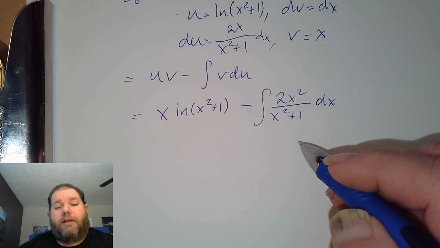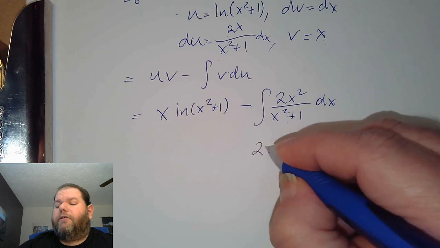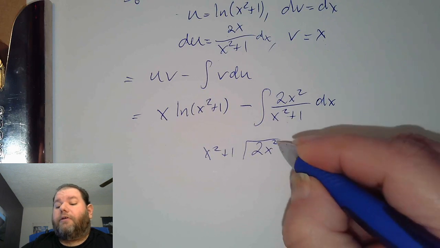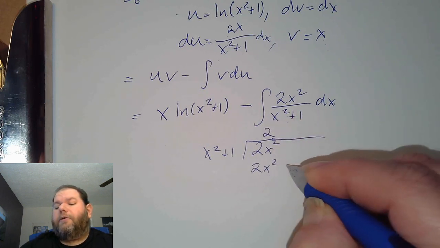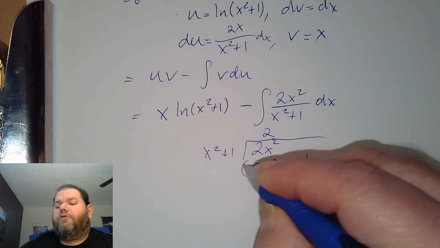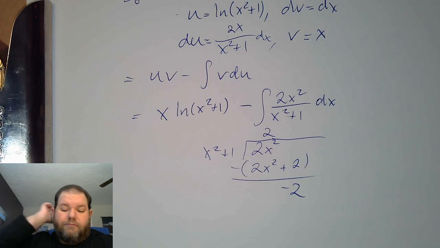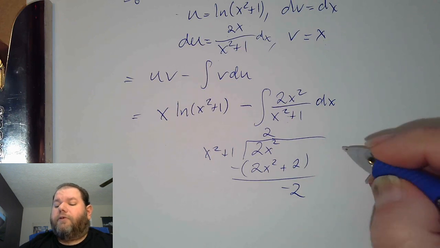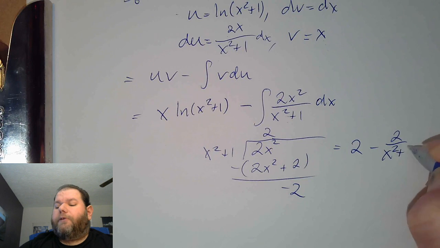I don't know if what's going to be left is going to be solvable, but we'll see what we can do. So we need to take 2x squared and divide that by x squared plus 1. That's long division. My goodness. 2x squared plus 2, those are subtracted, so we have a remainder of minus 2. So the result of the division is 2 minus 2 over x squared plus 1.